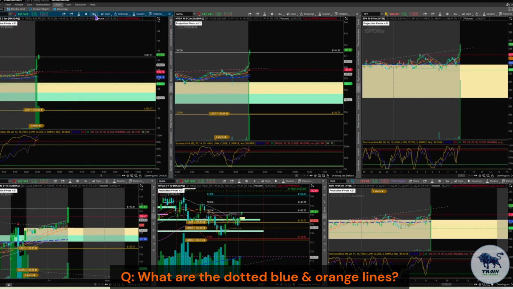On the 2 minute chart, each candle is 2 minutes, last 200 candles. 5 minute chart, last 200 candles. Daily chart right here, last 200 candles.